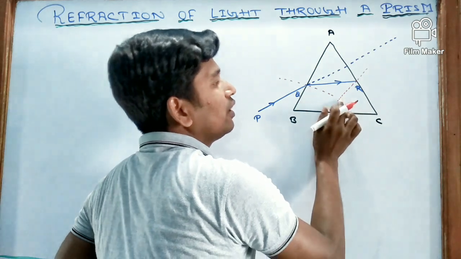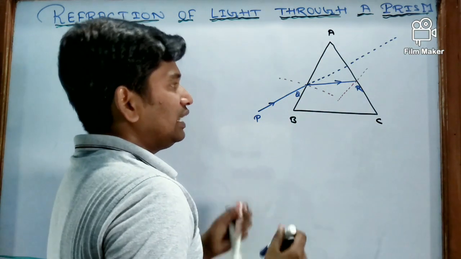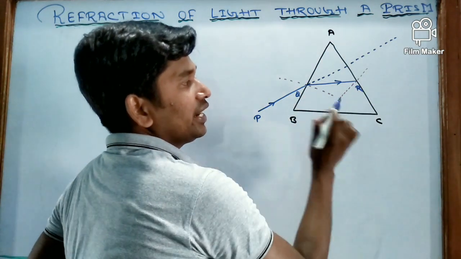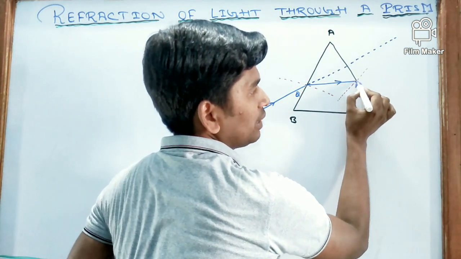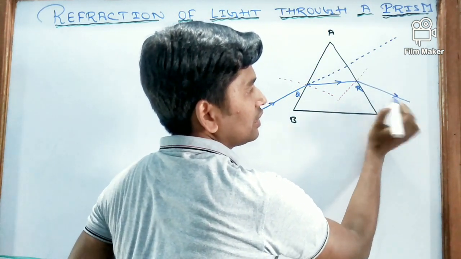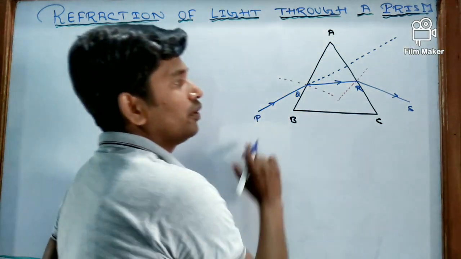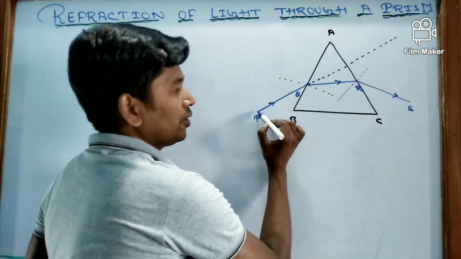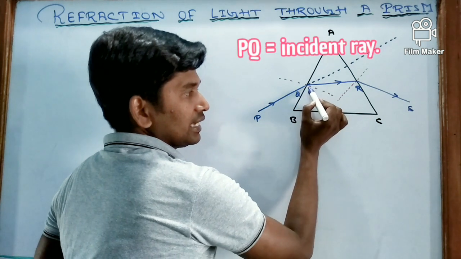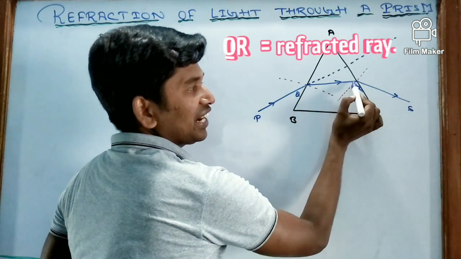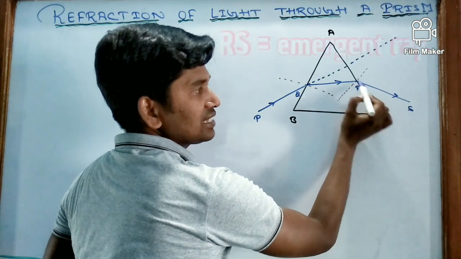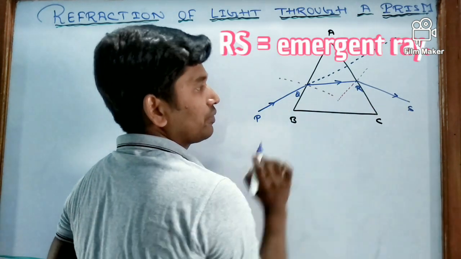The light is traveling from denser to rarer, so it will bend away from the normal. Suppose it goes along RS. So PQ is the incident ray, QR is the refracted ray, and RS is called the emergent ray.